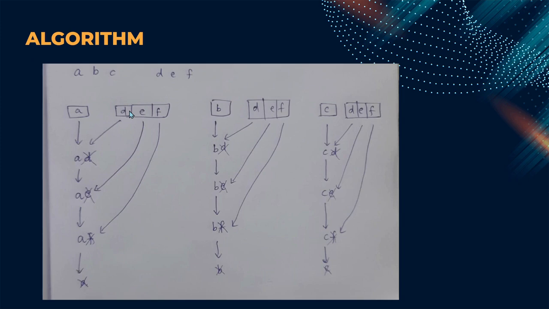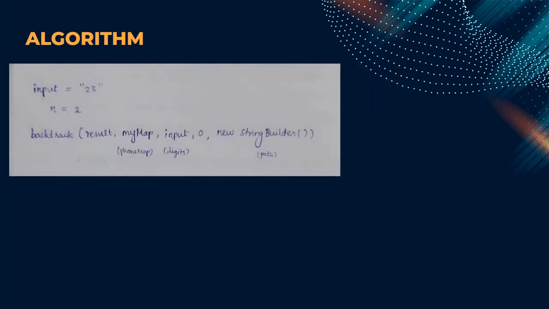So let's look into the code. The code follows like this: the input string is stored in a variable input. The length of the input string is stored in n.